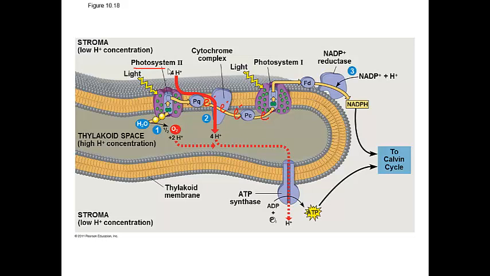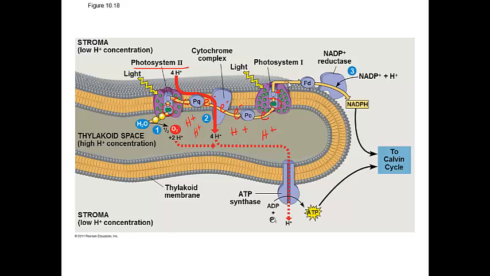So photosystem 2 uses water to replace its electrons. Those electrons continue down the electron transport chain. That fall of energy is being used to pump protons into the thylakoid space. Photosystem 1, when that reaction center gets oxidized, the replacement electrons are coming from photosystem 2's electron transport chain.